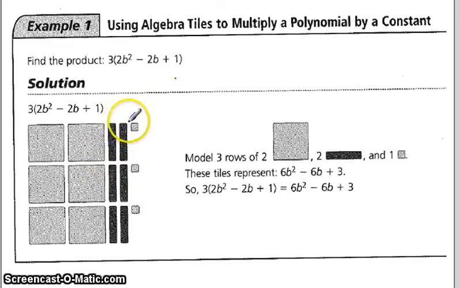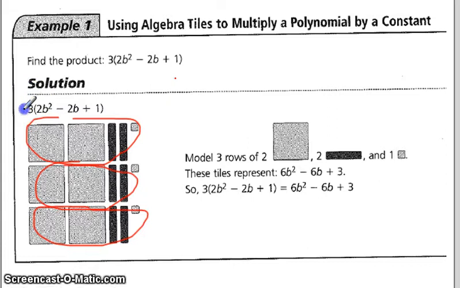The dark shaded ones are negative and the white are positive. So all they've done here is write out whatever's inside the brackets: 2b squared minus b plus 1. They wrote this out once, twice, 3 times because they want to multiply this polynomial by 3.